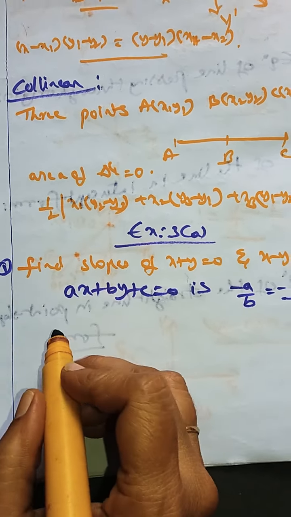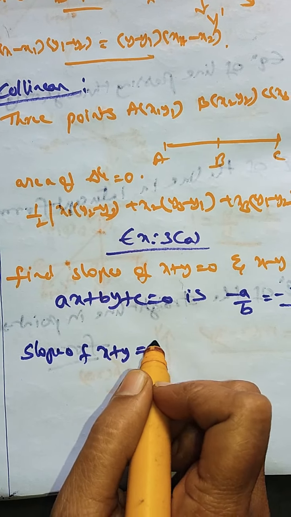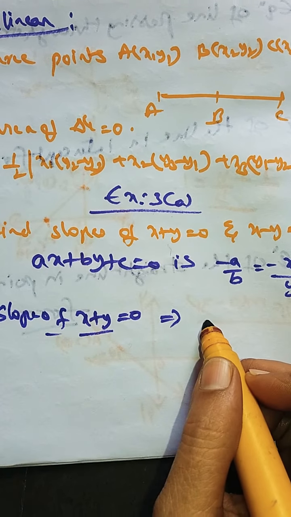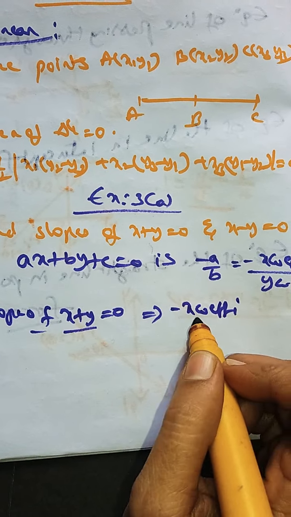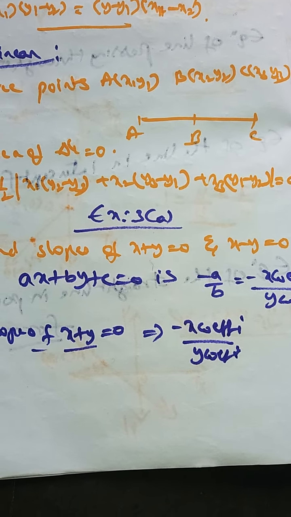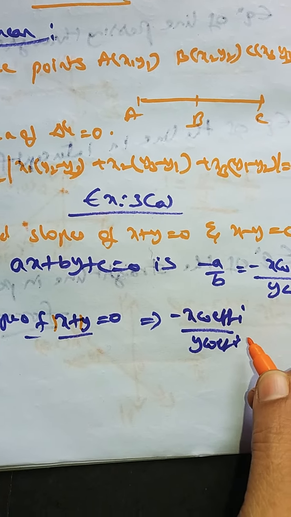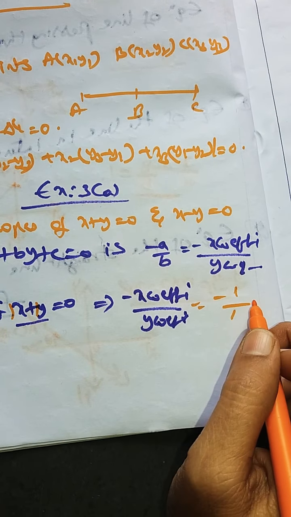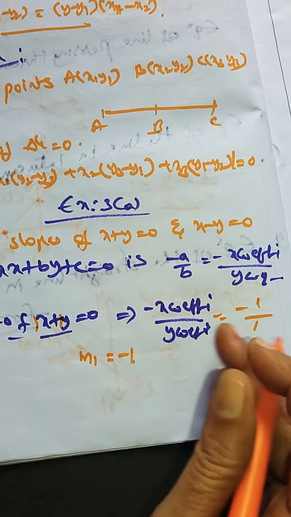By using this formula I'll find the slope of x plus y equals 0. The slope is minus x coefficient by y coefficient. The x coefficient is 1 and the y coefficient is also 1. So you get minus 1 by 1, so the slope of the first line, m1, is minus 1.